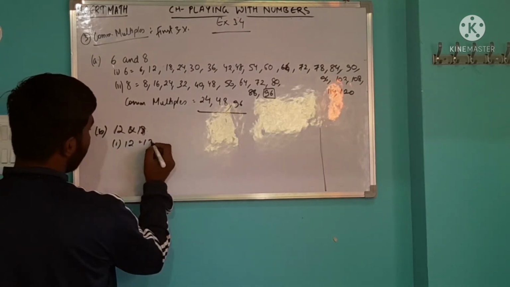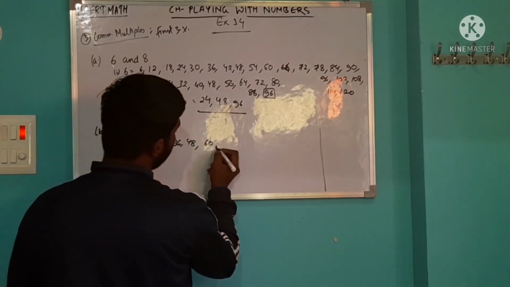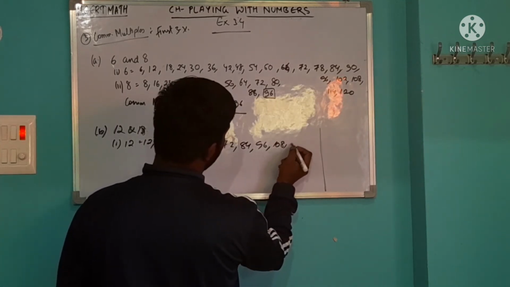For 12 we have 12, 24, 36, 48, 60, 72, 84, 96, 108, 120.